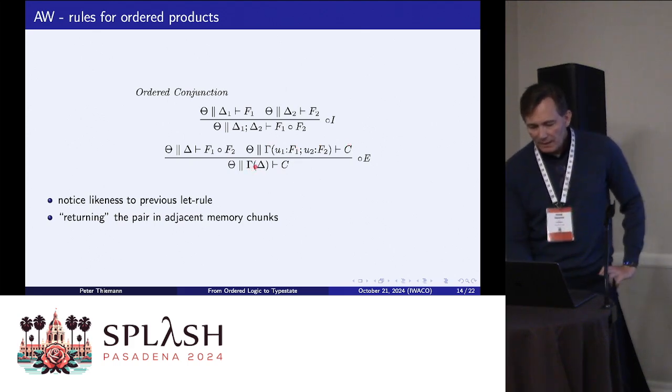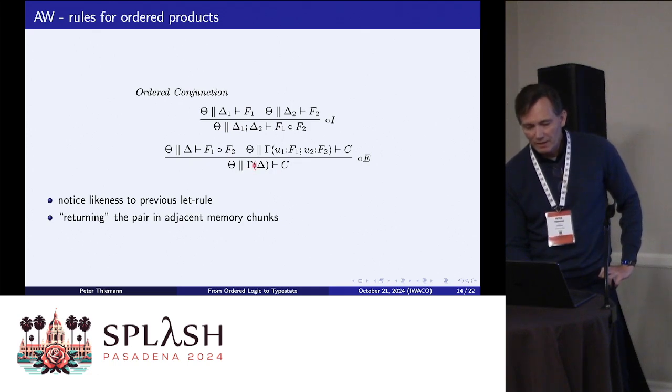Now, what you can see here, the point here is, remember we're talking about bunched context, so this thing here is tree structured, right? So this gamma here is actually a tree with a hole, and inside of the hole I find the context delta, which I use to prove that pair, that I use to evaluate that pair.